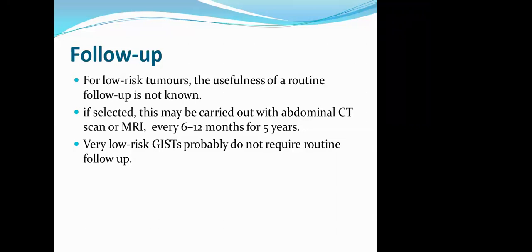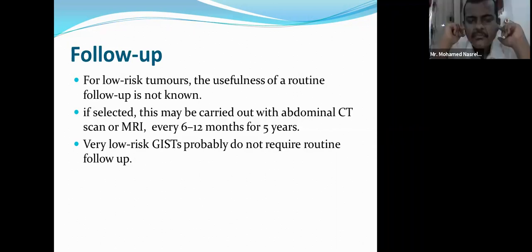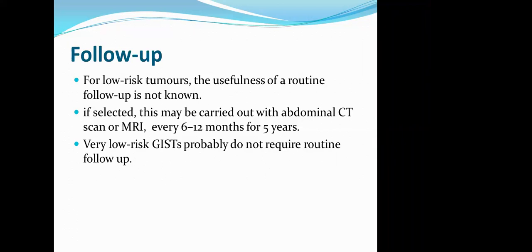The other point is that most of those huge masses, when you take a true cut biopsy, are undifferentiated tumors, which you cannot differentiate from other types of sarcomas. Recently we started using immunohistochemistry, and it is very much diagnostic of GIST, differentiating it from other sarcomas and lymphomas.